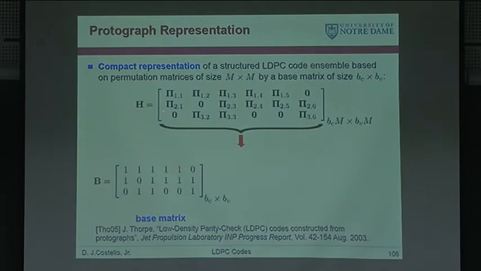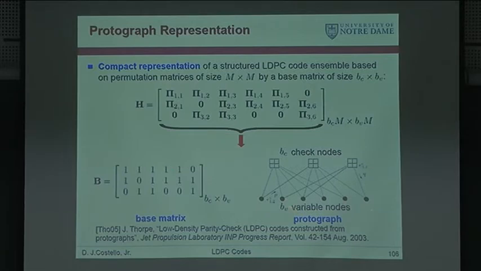I call it an ensemble because all the different possible ways of picking permutation matrices will work here. So this base matrix of size B sub C by B sub V can be used as a representation of this bigger matrix. And this base matrix has a graph like this.